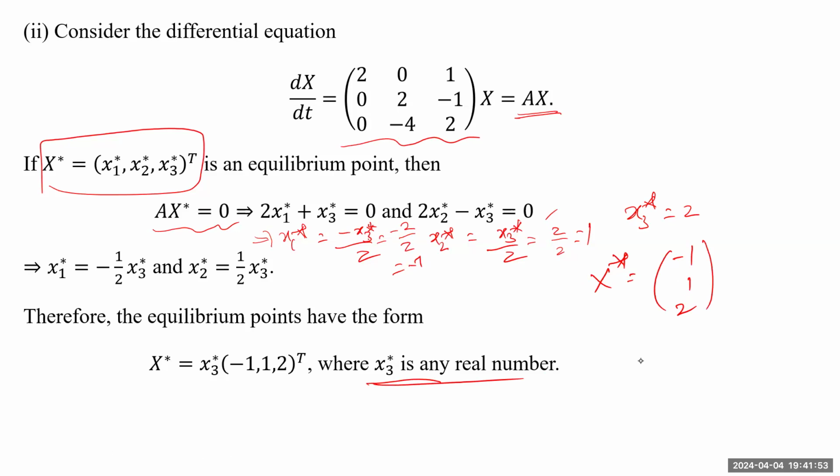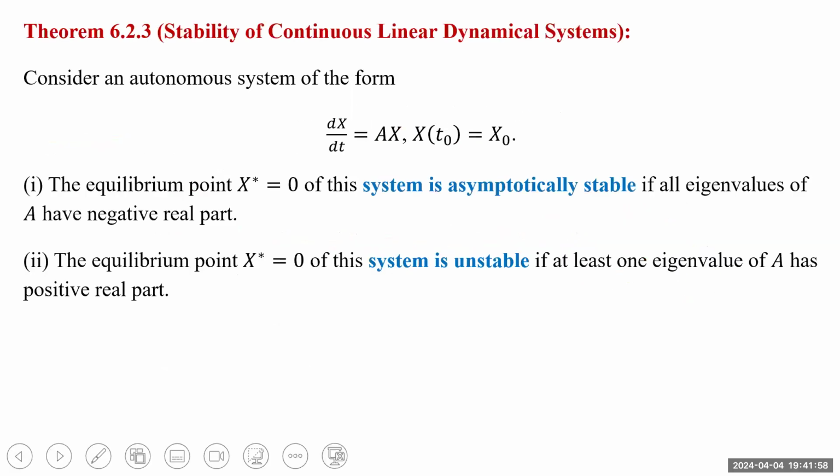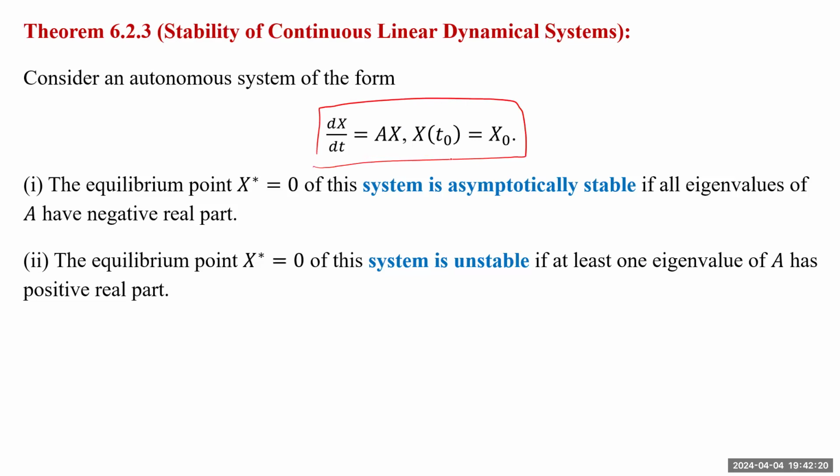So what is the use of this equilibrium point for our stability analysis? Here there is one theorem, the same way we discussed for the discrete system of equations. This is my dynamical system, dx/dt is equal to Ax, and x of t naught is equal to x naught. The equilibrium point x star is equal to 0.